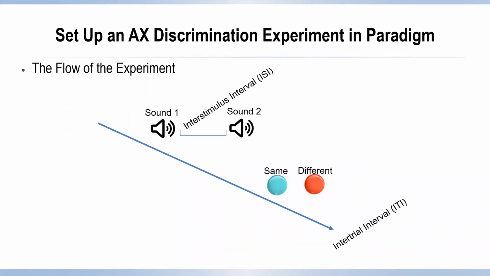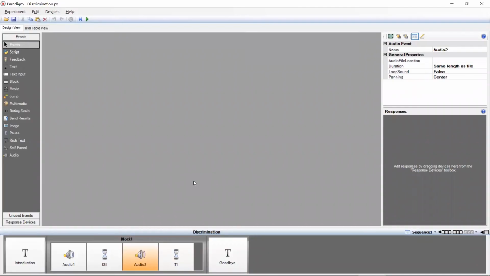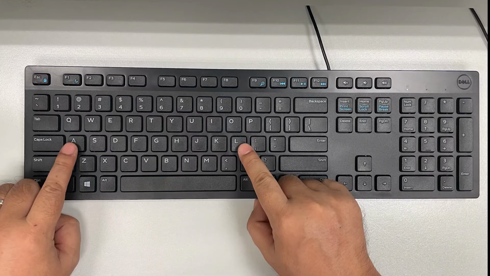After hearing the second sound, a participant needs to make a judgment. In the event audio 2, we can specify the response device. As a simple setting, we can let a participant press 2 letters on the keyboard, say A for same and L for different.